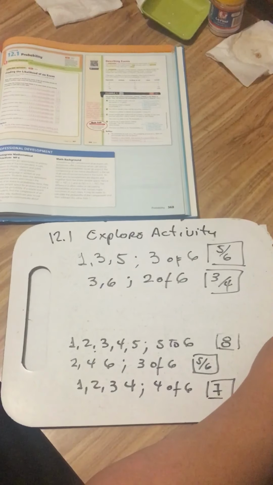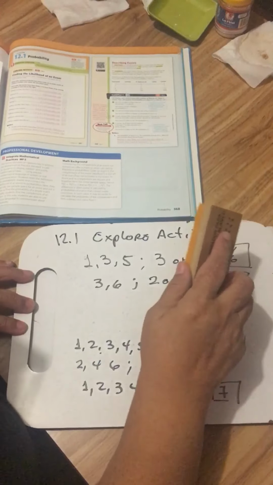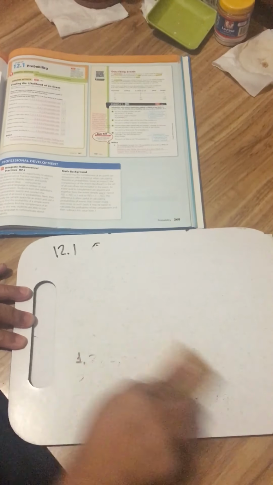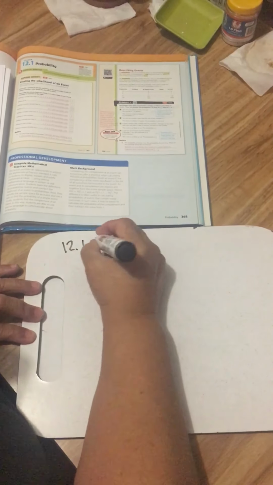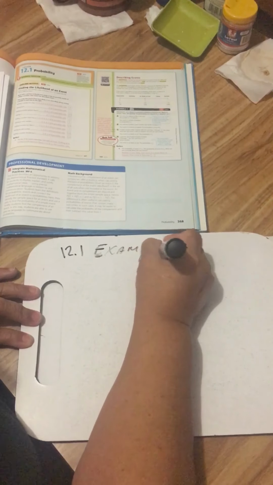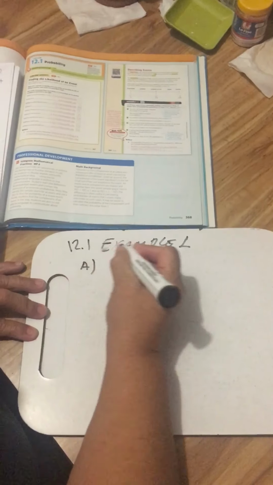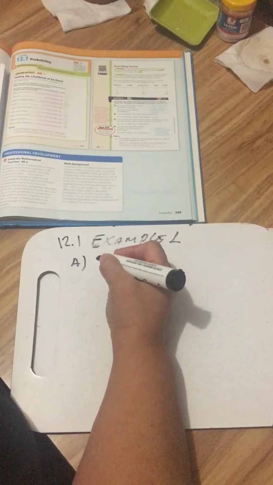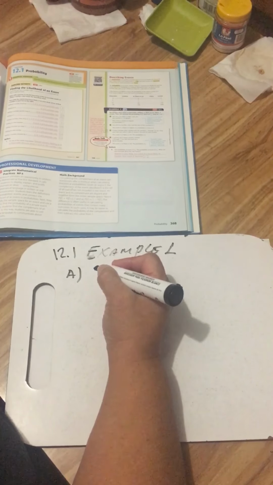Now we have to check example 1, describing events. The A section says, you roll a 6-sided number cube and the number is 1 or greater.